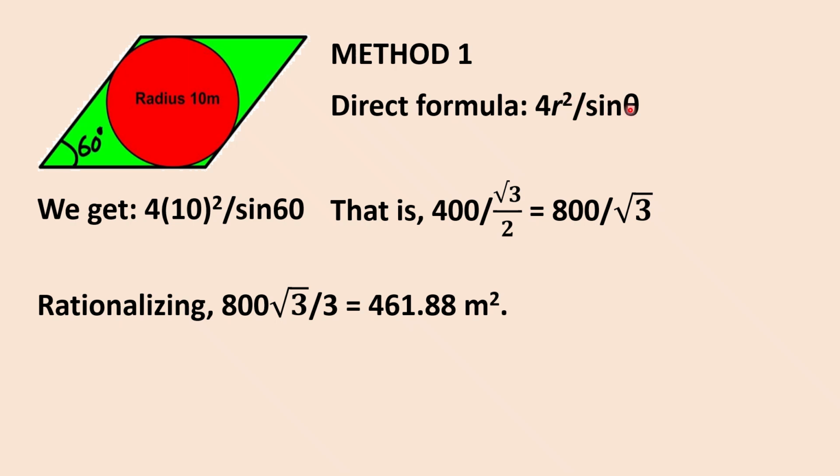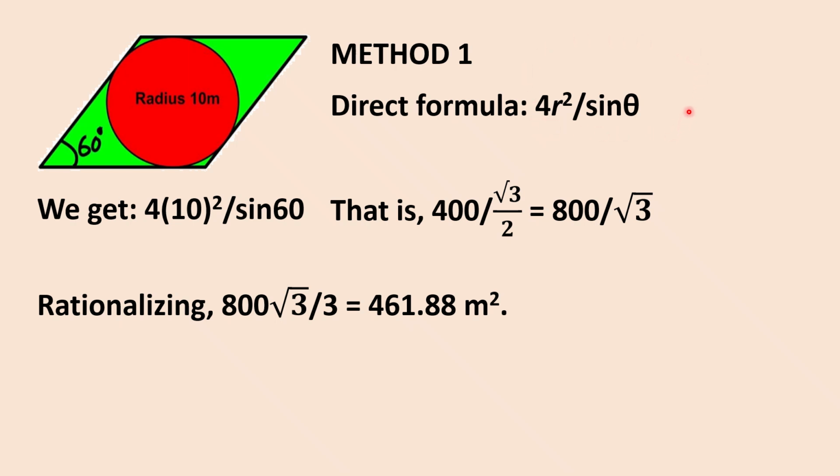So we are using the direct formula 4r squared by sine theta, r equal to 10 and theta equal to 60. Although this is a quick, easy method, the problem is that you may not recall the formula in the exam hall. Even if you memorize all the formulas, there are 500 formulas, and you may not be able to recall this one particular formula.